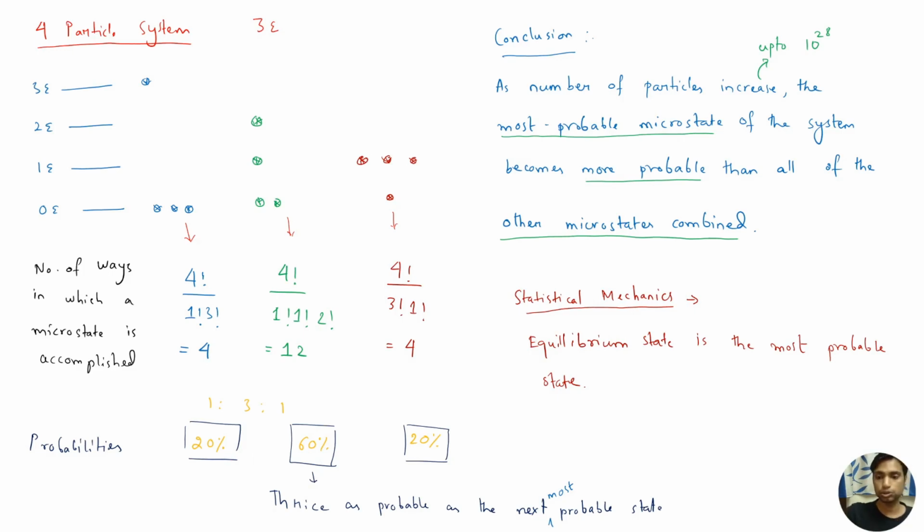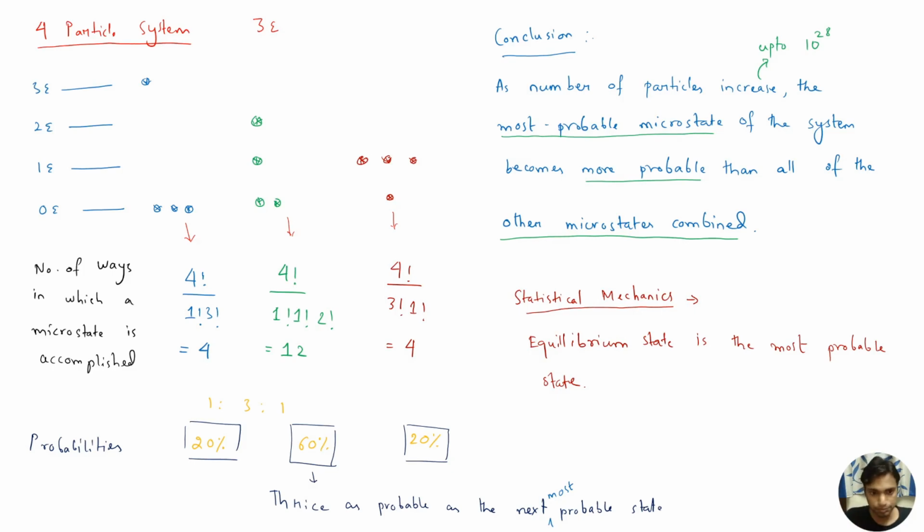So in the two particle case all were equiprobable. In the 3 particle case one was twice as probable. Now it is thrice as probable. Now if you do that for higher, like let's say a 5 particle system in which you want to obtain 3e energy, then you will have one state which will be more probable than all others.